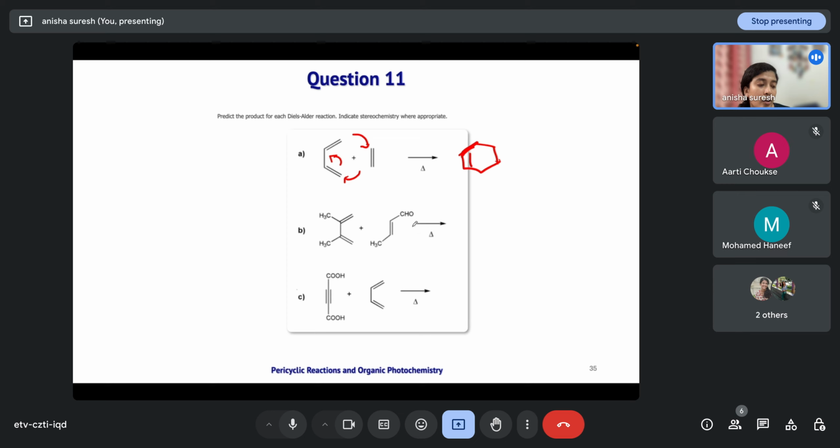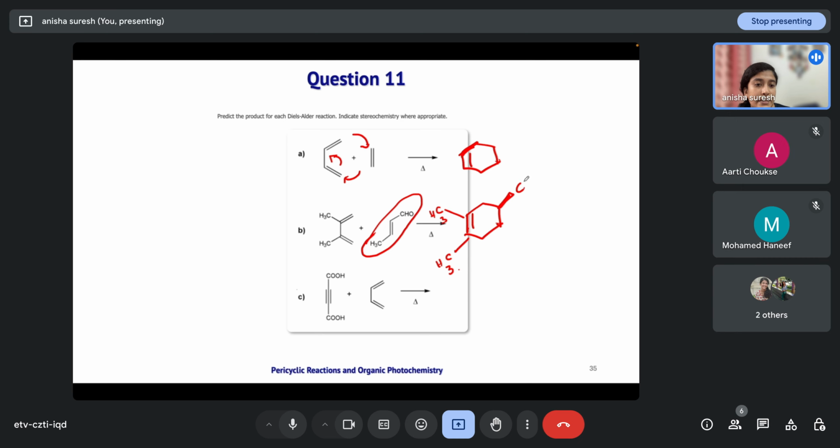And in this case, how will it come? This is a trans dienophile, and because of that, the stereochemistry of CH3 and CHO will be trans in the product. Yes, ma'am. So the final product will be CH3, CH3.